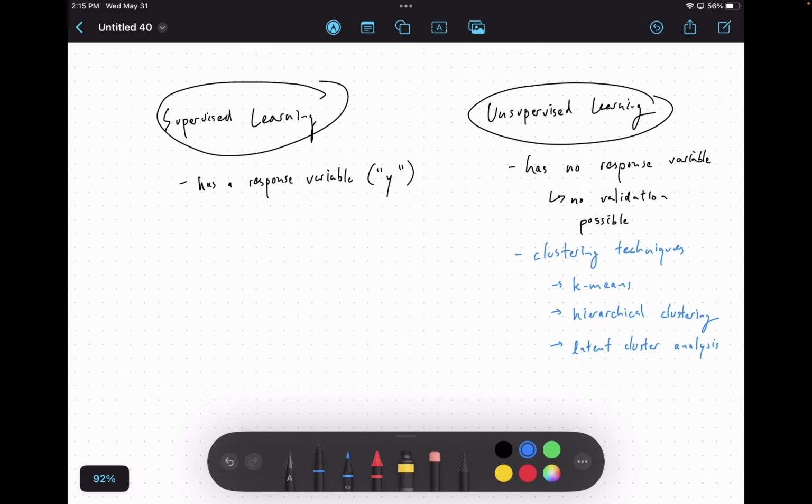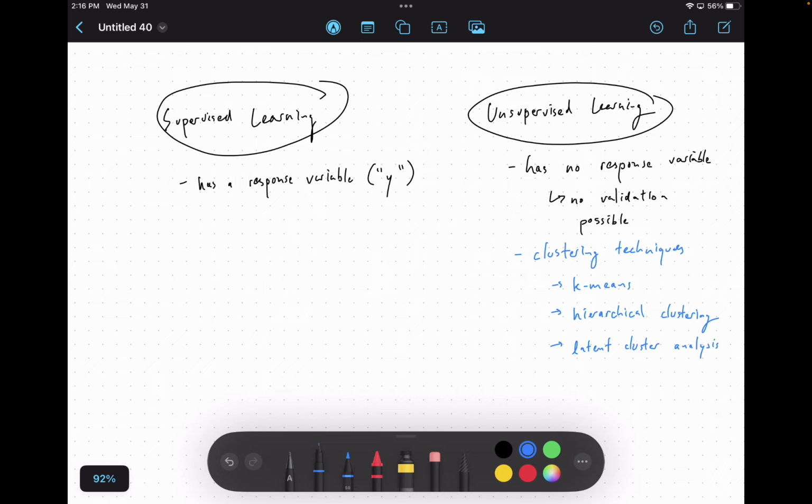It's a slightly more sophisticated clustering algorithm, which lets you do things like cluster on categorical variables, which you wouldn't really be able to do with k-means.